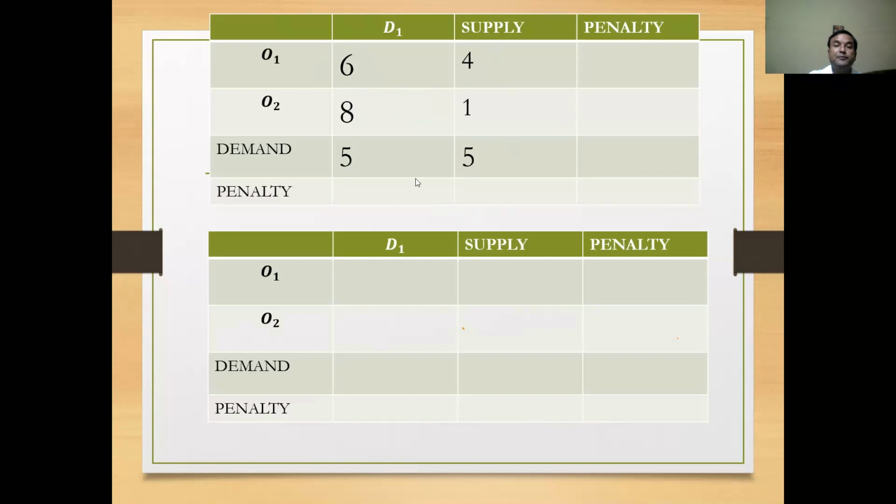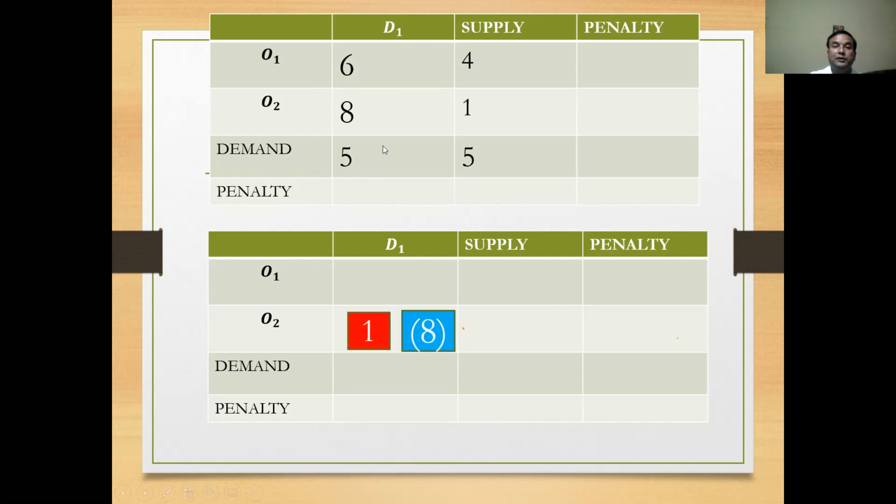Erasing these two, we have seen 6 is the minimum cost, and how many demands are there? Demand is 5 there, and supply, the available number of items, is 4. So we can give 4 there. Therefore, let us drop.